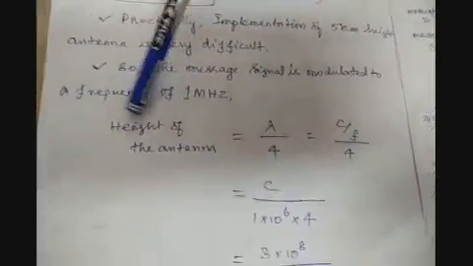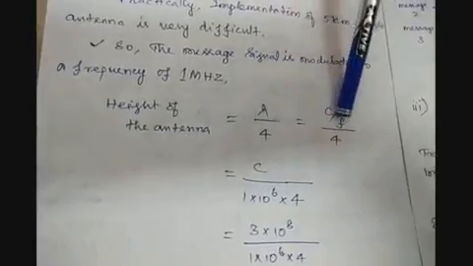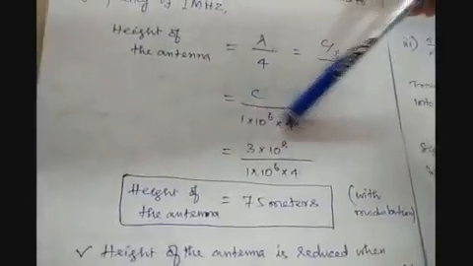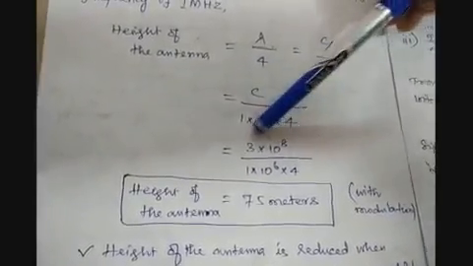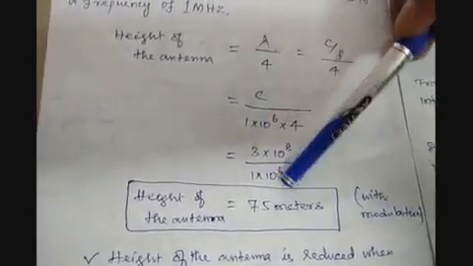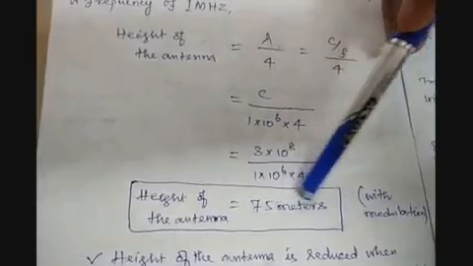Now we'll calculate the height of the antenna for 1 MHz. Height of the antenna equals lambda by 4, that is c by f, so c divided by 1 MHz, which is 1 into 10 power 6, into 4. With c equal to 3 into 10 power 8, the speed of light, we simplify and get 75 meters.